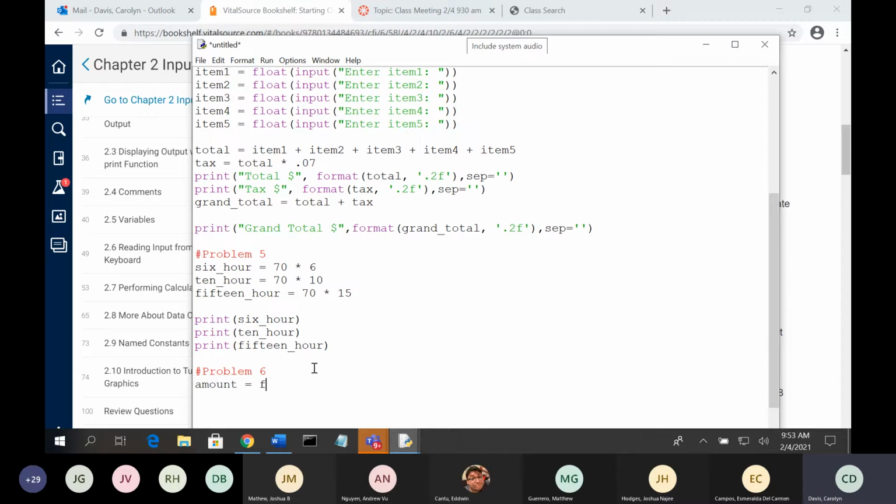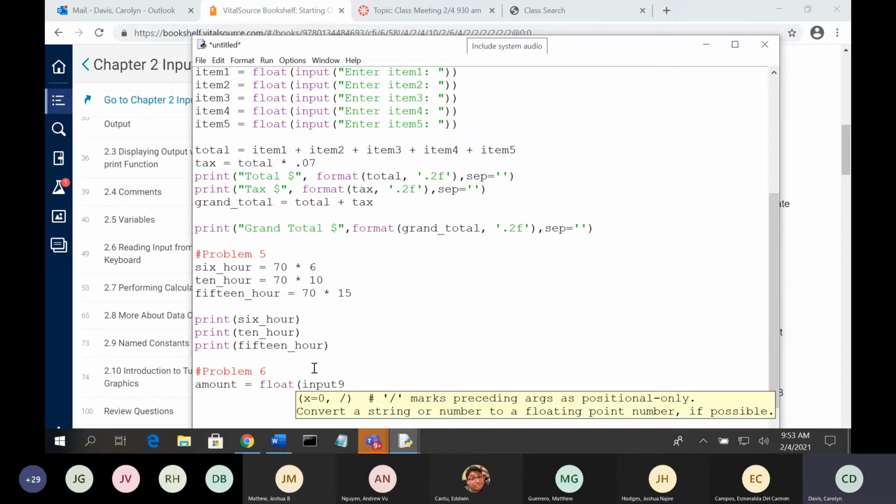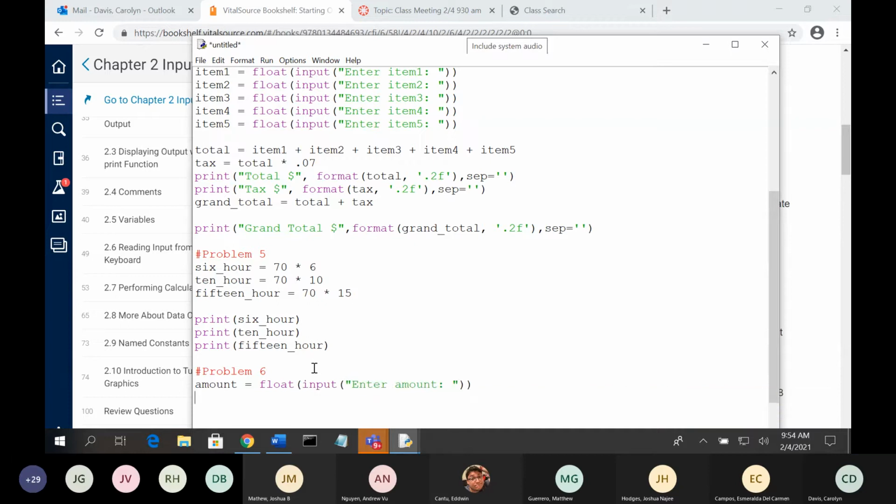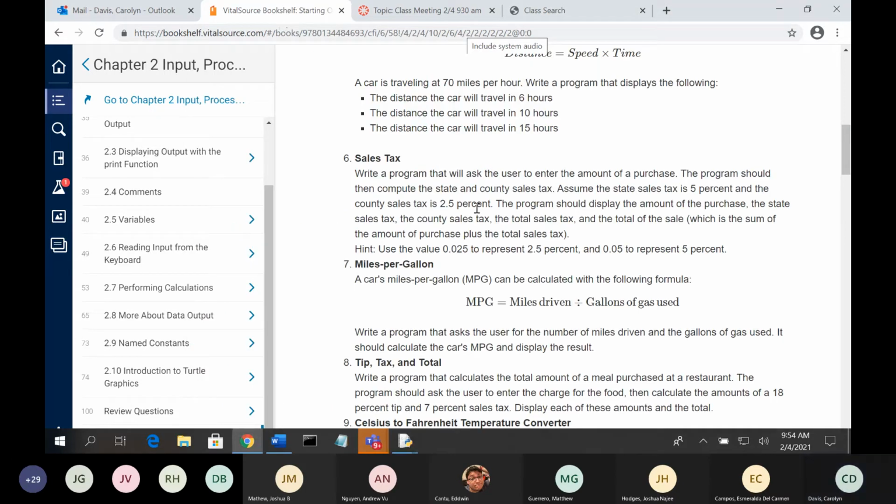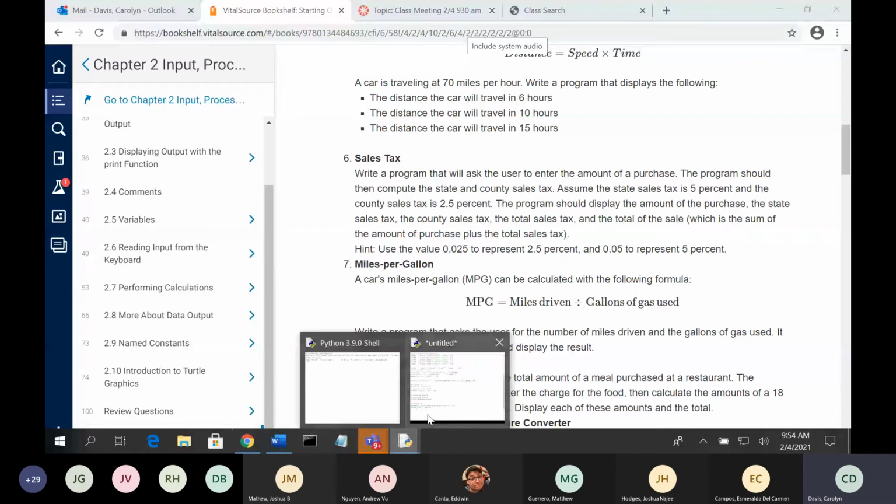We're talking money, so it'll be float. And I wanted the state tax. How much was state? 5 and 2.5. Okay, 5 and 2.5.